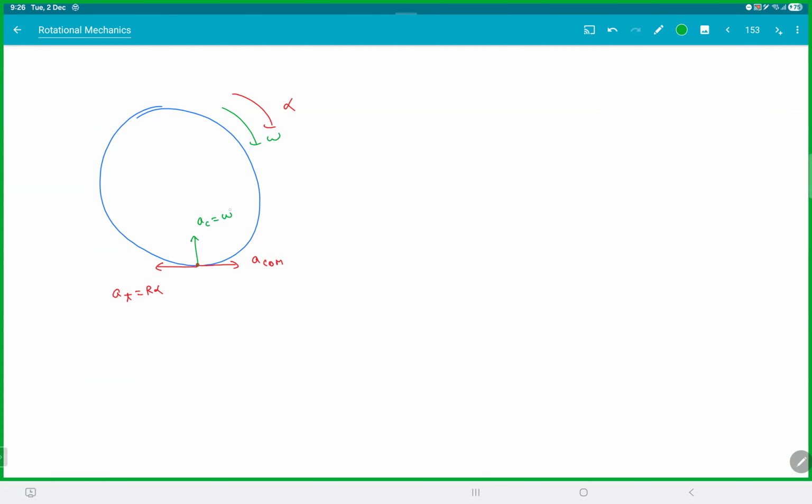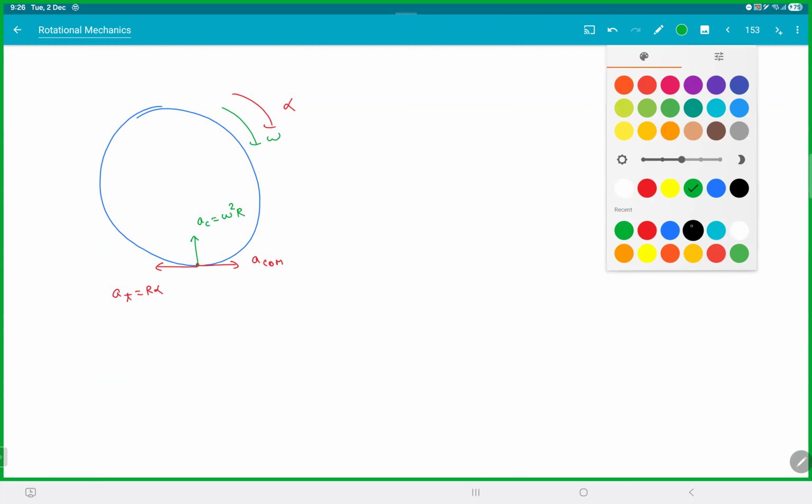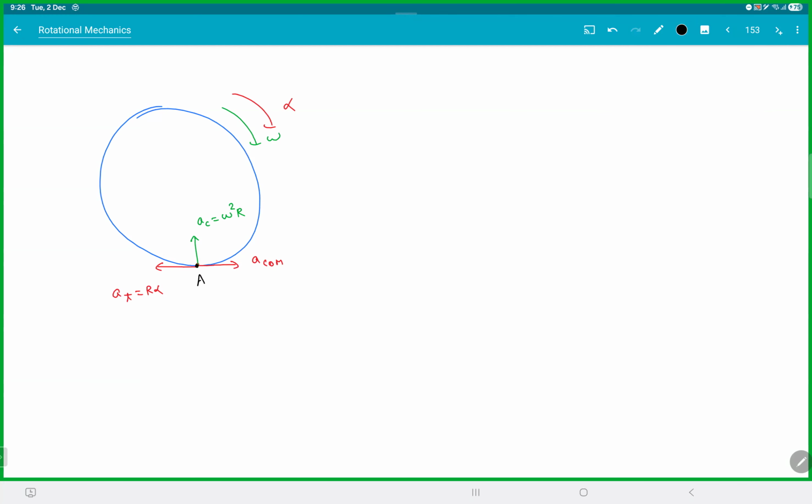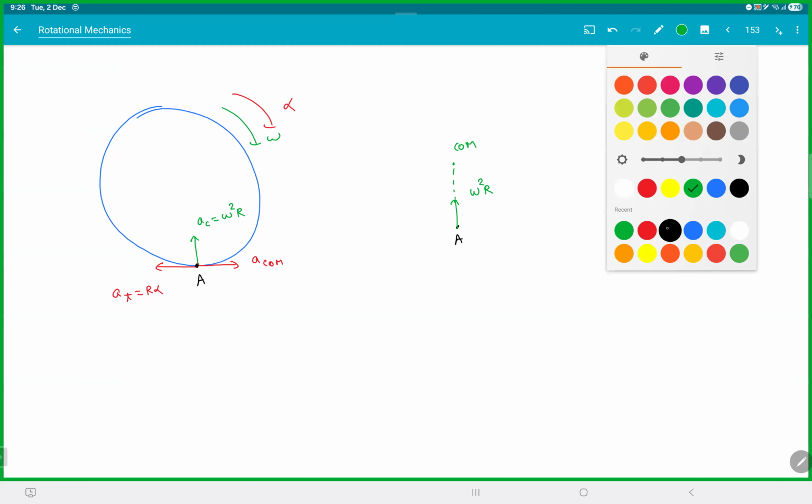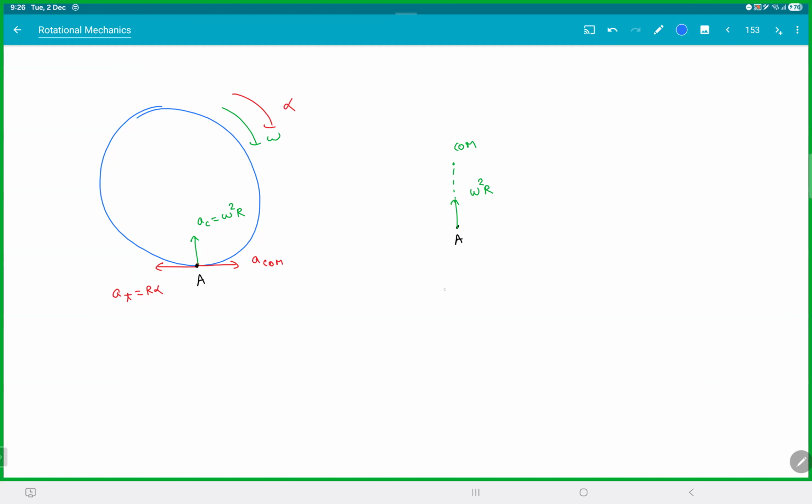A centripetal, omega square R. So the point A, actually a center of mass and R alpha will cancel. A is actually accelerating with omega square R. But interestingly, this thing passes through the center of mass. So when you actually stand on A, you have to apply a pseudo force. A is accelerating. It's a non-inertial frame.